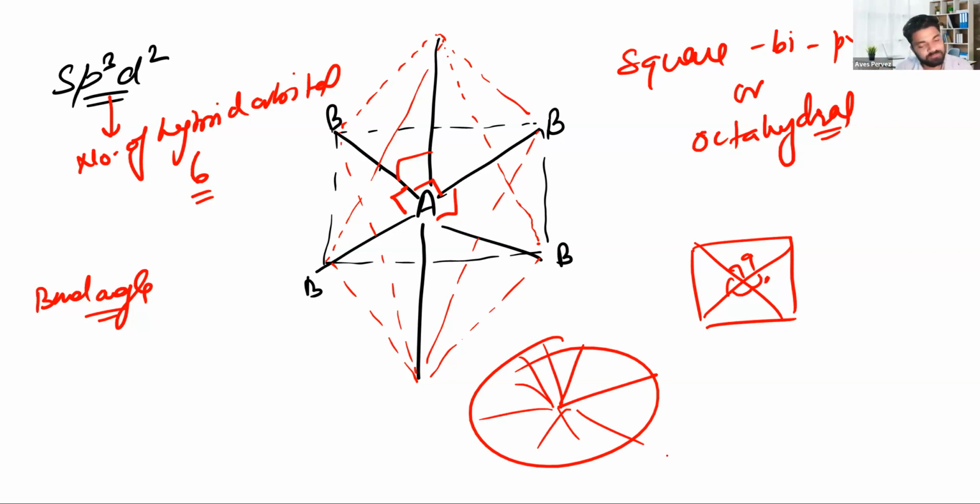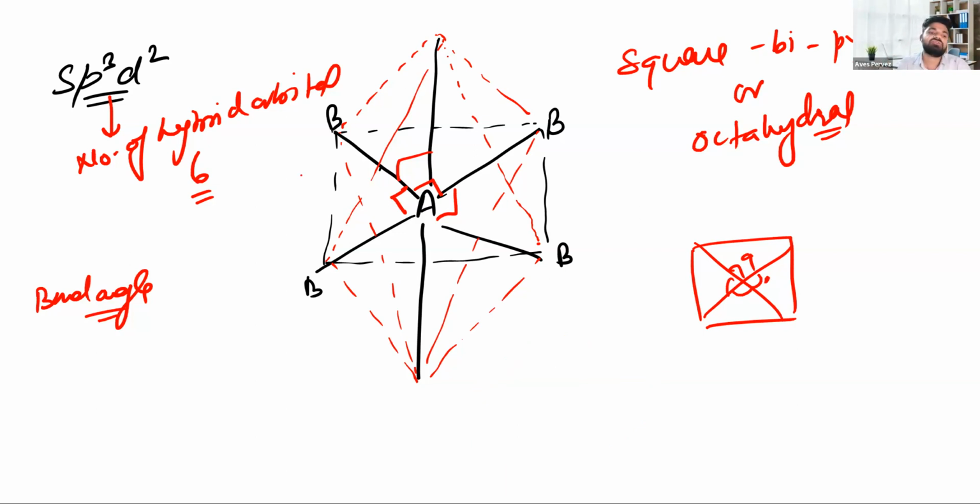You understood? Understood. So how many bond angles of 90 degrees will be there? 1, 2, 3, 4 with this plane, and 4 with this one. This one is making 4, and the below one will also make 4 angles of 90 degrees. One with this one, with this 2, like this. So there will be 12 such bonds which have 90 degrees.